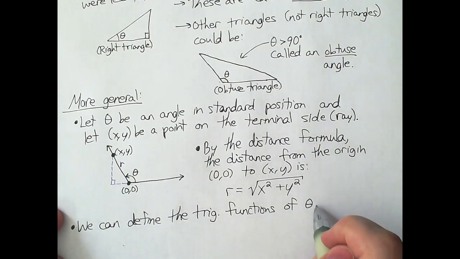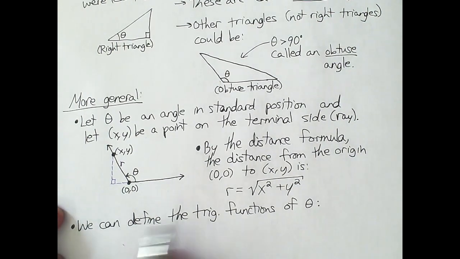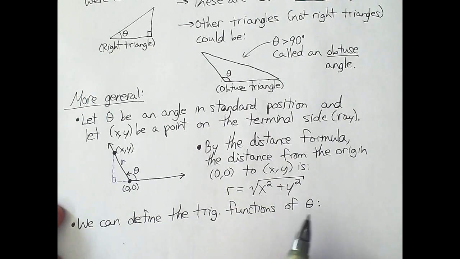And now, this is going to be more general. This is going to be for any angle theta, which might be less than 90 degrees. It might be equal to 90 degrees. It might be greater than 90 degrees. And we define it to be the following. We have 6 of them.